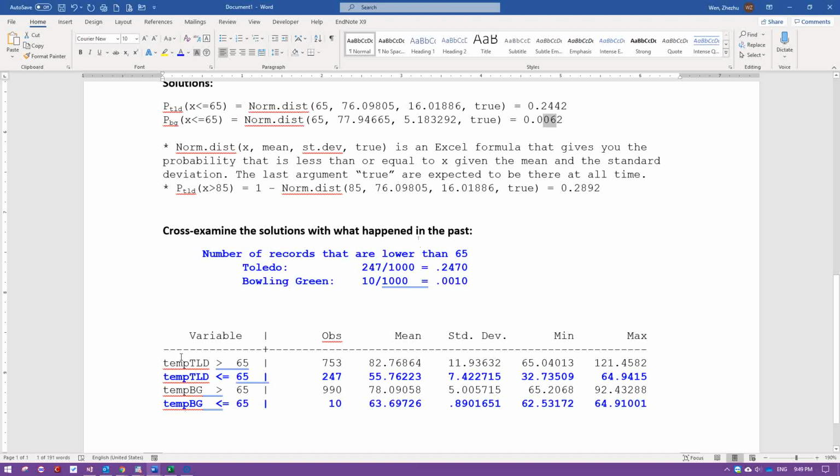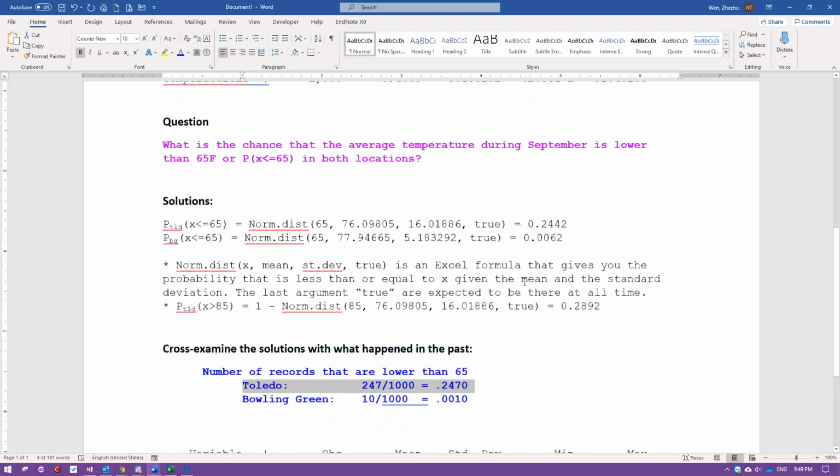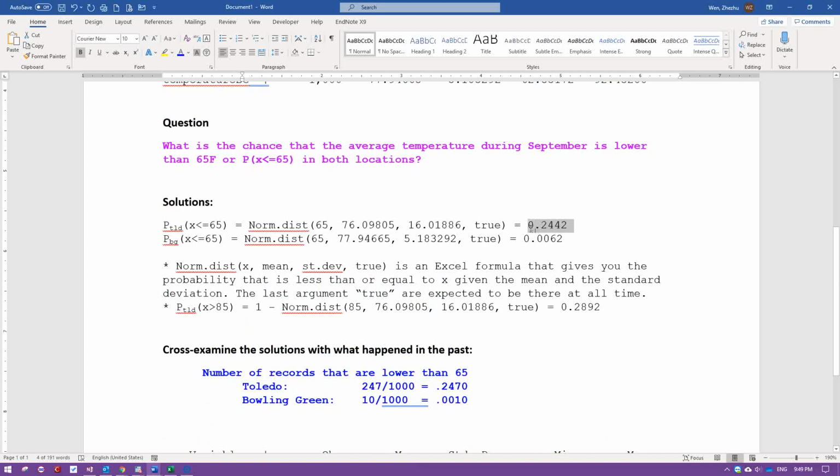So what I did here is I counted all the incidents from previous 1,000 years. How many times temperature was lower than 65? It was 247. It's 247 out of 1,000. Okay, so I'm doing this in order to confirm whether this result is reliable or not.